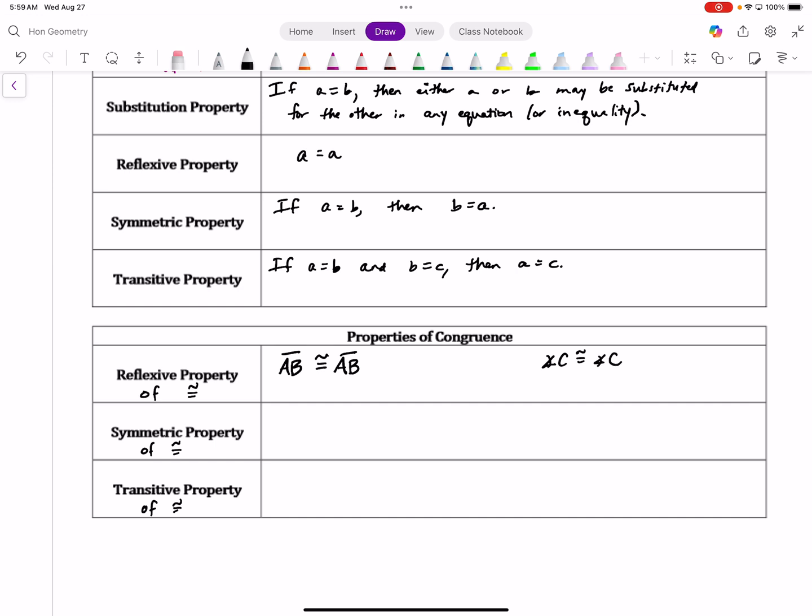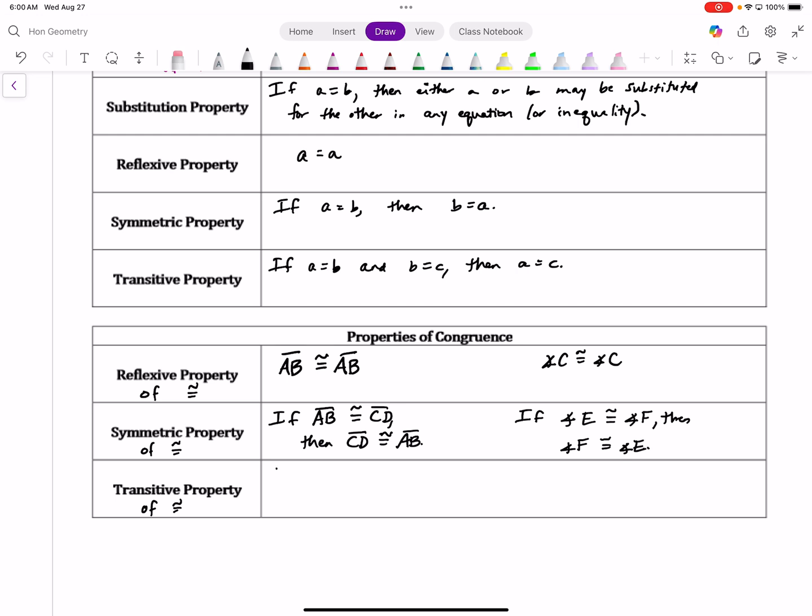The symmetric property of congruence would be: if segment AB is congruent to segment CD, then we also know that segment CD is congruent to segment AB. Same thing with angles. If angle E is congruent to angle F, then angle F is congruent to angle E.